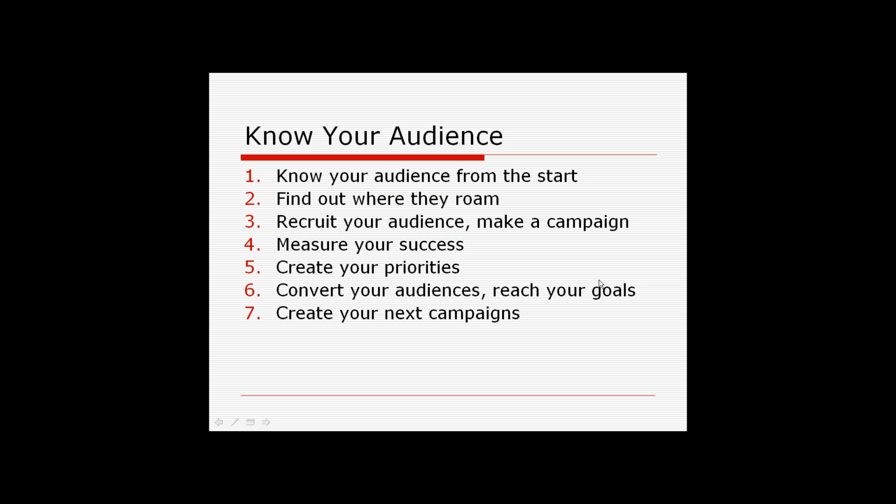From those targets, you want to create your priorities, and then from the priorities, you want to convert your audience or your audiences so you can reach your goals. And then you repeat the cycle and create multiple campaigns.